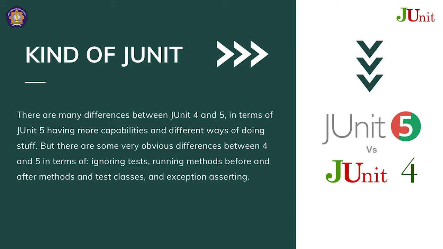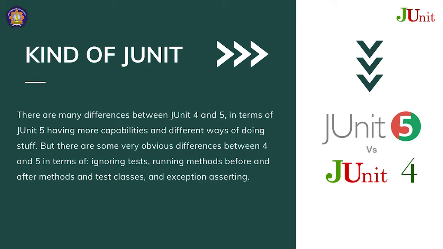So the first difference is the architecture. JUnit 4 has everything bundled into a single jar file. Meanwhile, JUnit 5 is composed of 3 sub-projects, and these are JUnit Platform, JUnit Jupiter, and JUnit Vintage.